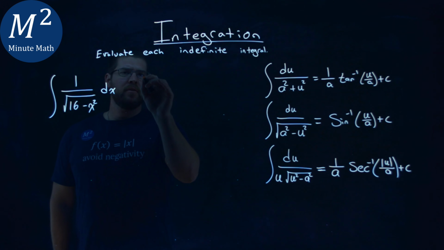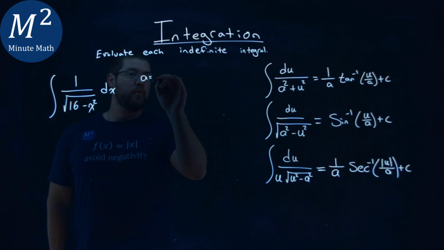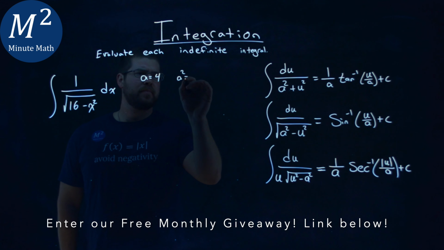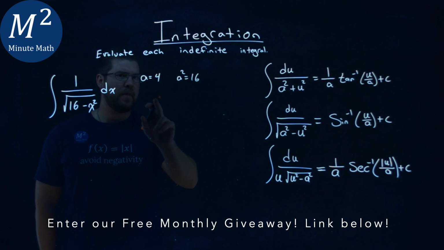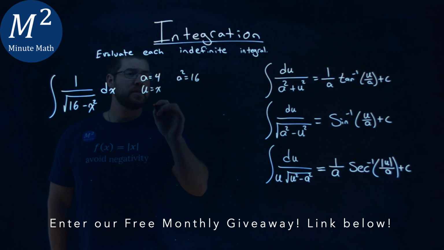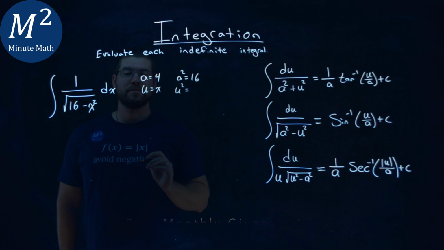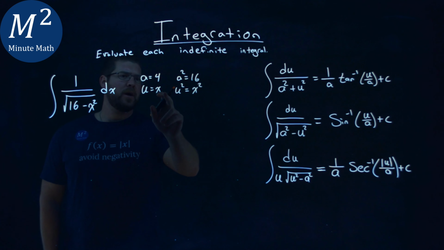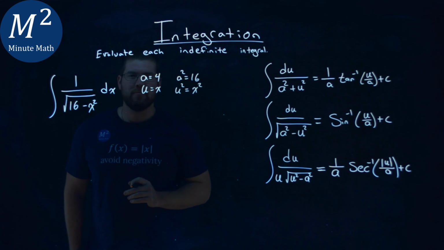If we say a is equal to 4, then a squared equals 16. We got that there, right? And if u is equal to x, u squared is equal to x squared. And so that becomes a pretty quick way to rewrite this.